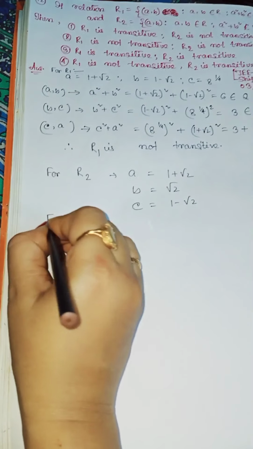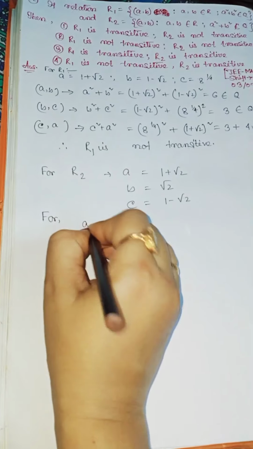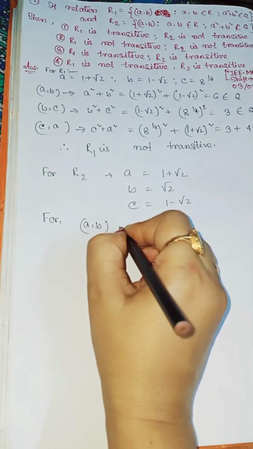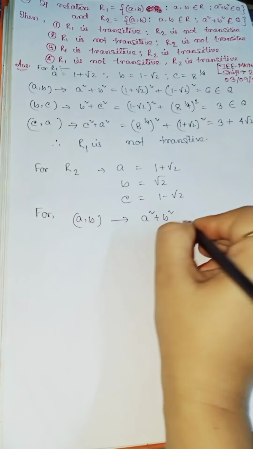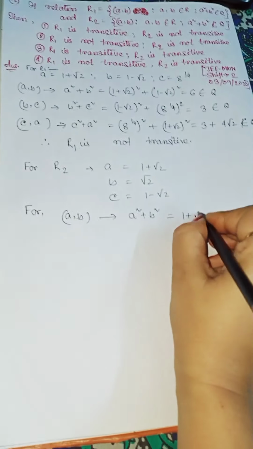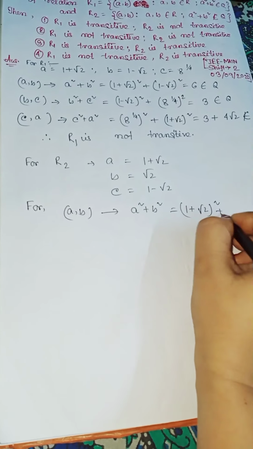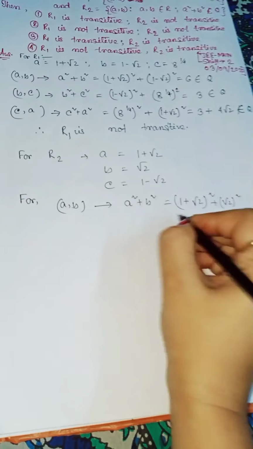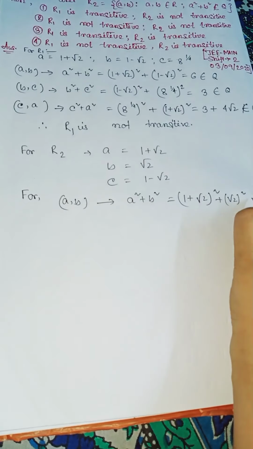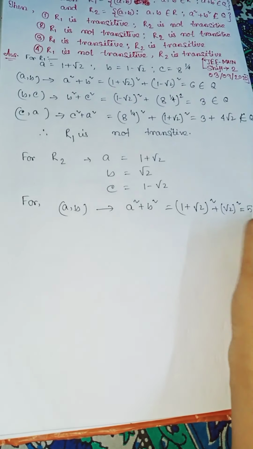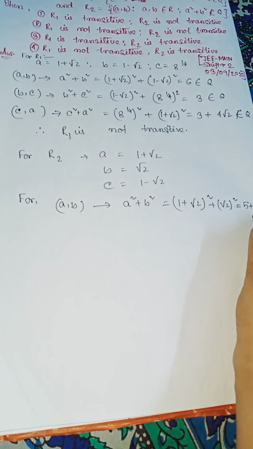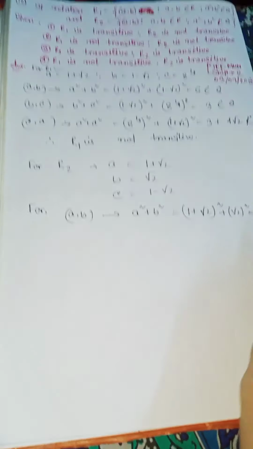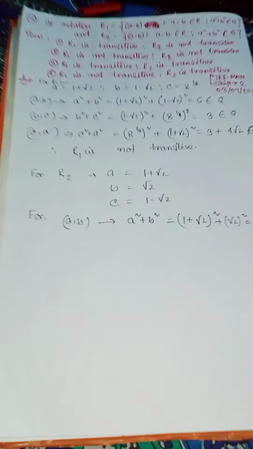For (a, b), that implies a square plus b square is equal to (1 plus root 2) whole square plus (root 2) whole square, and it is 5 plus 2 root 2 after calculating, which does not belong to Q because it is not a rational number.